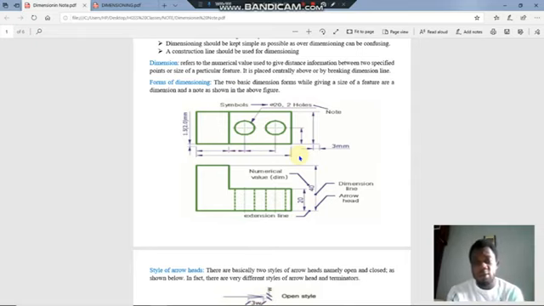We have extension line, we have dimension line, we have arrowhead. A combination of the numerical value, the extension line, the dimension line, and the arrowhead form what we call dimensioning.